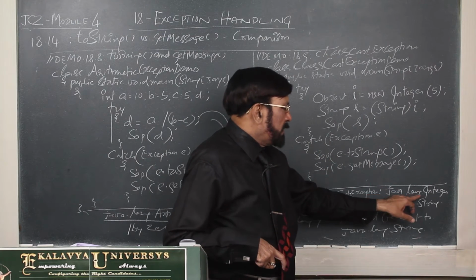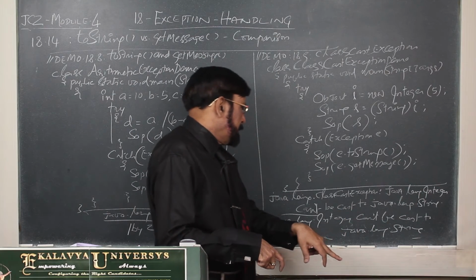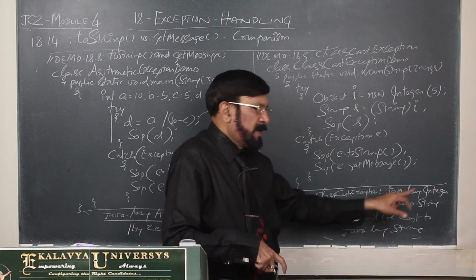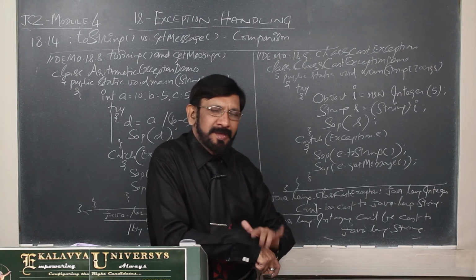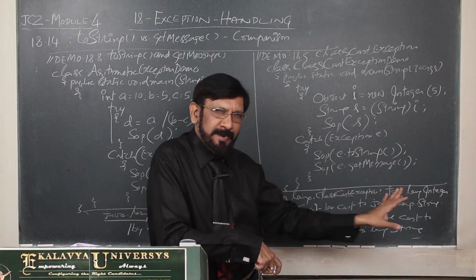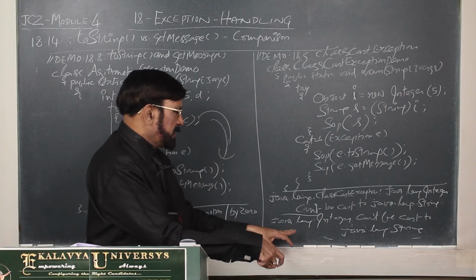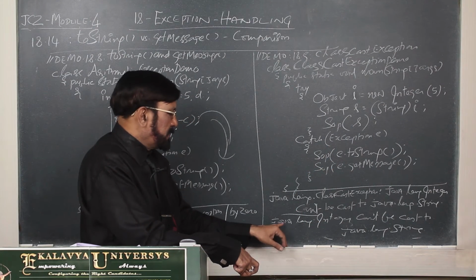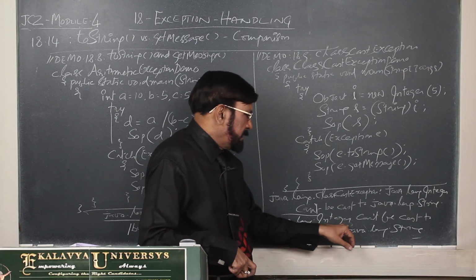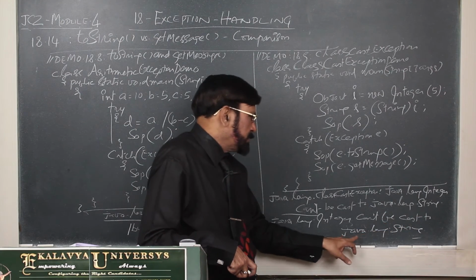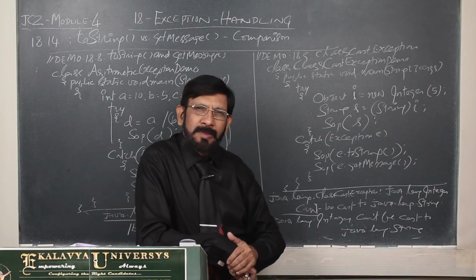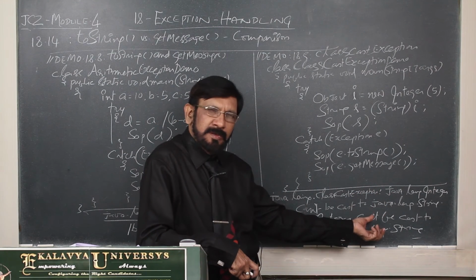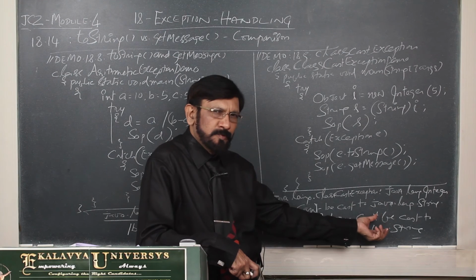Thereafter, java.lang.Integer cannot be cast to java.lang.String. That is the description given. Of course, it is technical, and you may not find much difference. Just see the same thing using getMessage: java.lang.Integer cannot be cast to java.lang.String. Of course, a slight difference is there. It is pure technical, in a slightly human readable format.